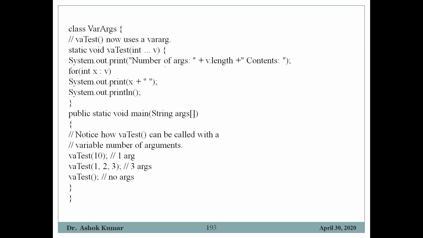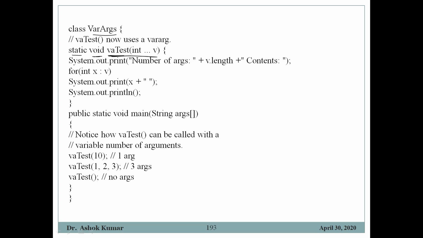So let's discuss the variable argument method, or variable-arity method, with an example. In this example, we have one class named variable argument, and in this class there is a method named va_test. It's returning void and it's of type static.